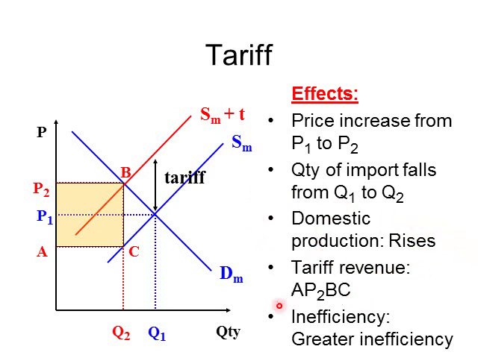This will lead to greater inefficiency because the economy used to be able to have this imported good at a higher quantity of Q1 and a lower price of P1. Now, to have the imported good, consumers have to pay a higher price, P2, or if they can't afford the higher price, they may have to turn to buying domestic, which may not be something that they want in the first place. So this leads to greater inefficiency in the market for this good.